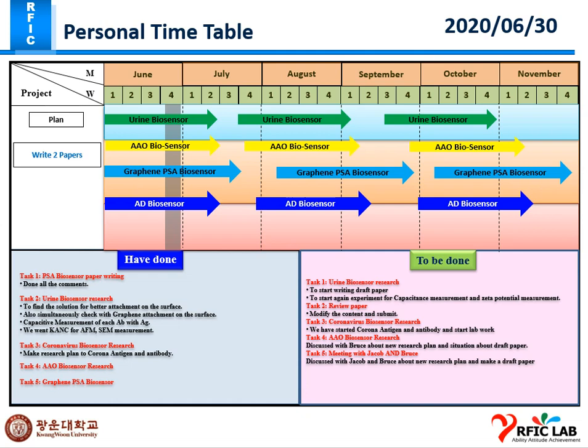And the fifth is meeting with Jacob to discuss his work and also to work simultaneously on a draft paper.